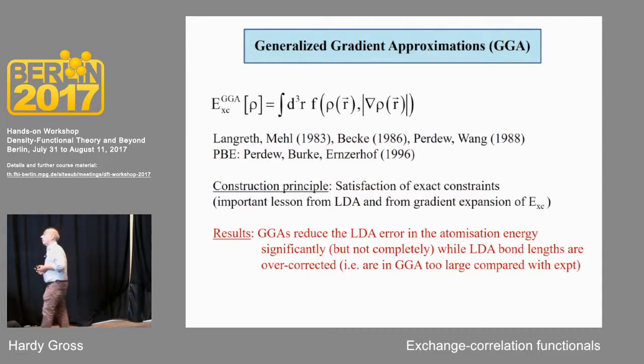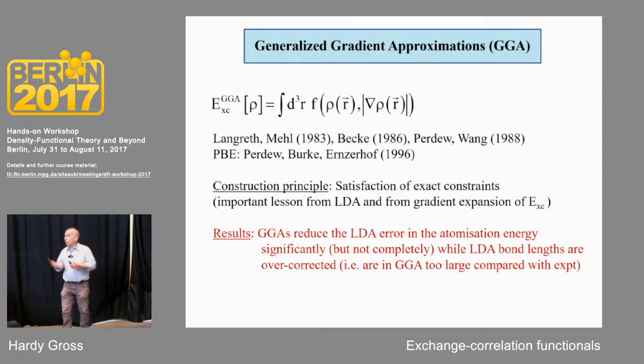The next generation of functionals are the so-called GGAs. Here the functional depends not only on the density at the local point r, integrated over, but also on the derivative. This idea goes back, I think the first was Langreth and Mehl, then Becke, Perdew, and Wang worked further on this, and currently the most used functional is, I guess, the PBE, the Perdew-Burke-Ernzerhof functional.